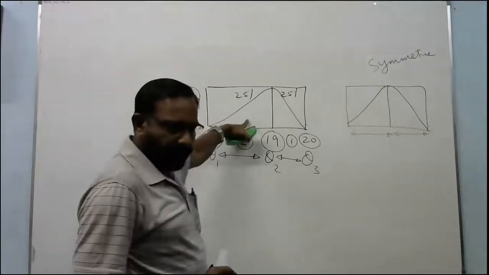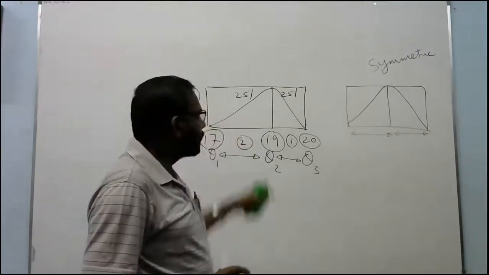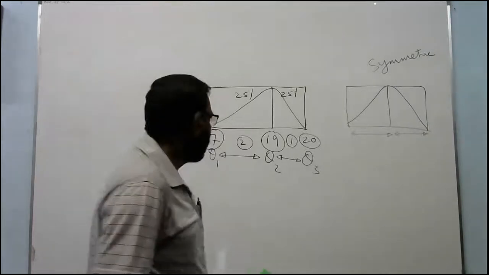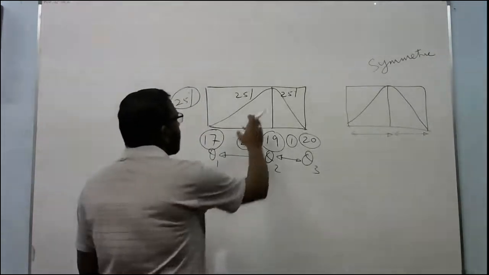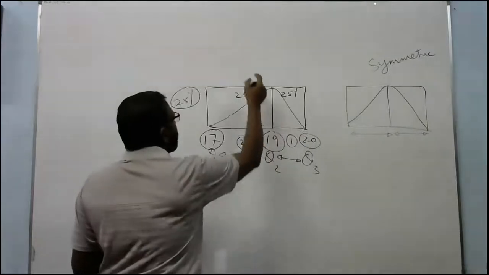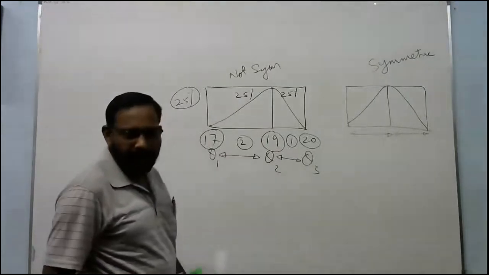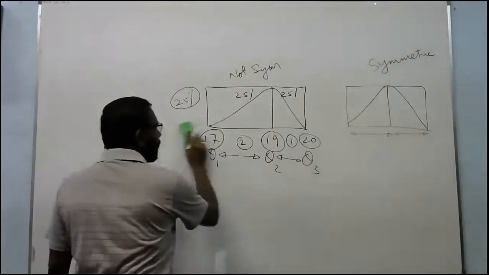What about this graph? Is it symmetric? Yes or no? No, this is asymmetric, or not symmetric.